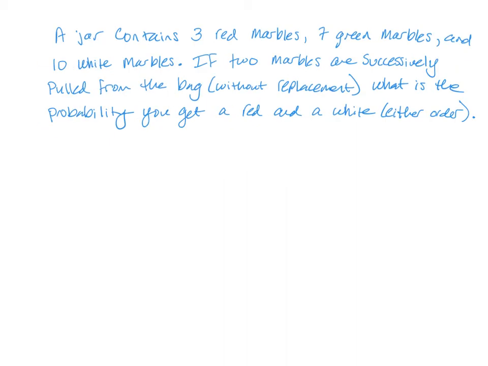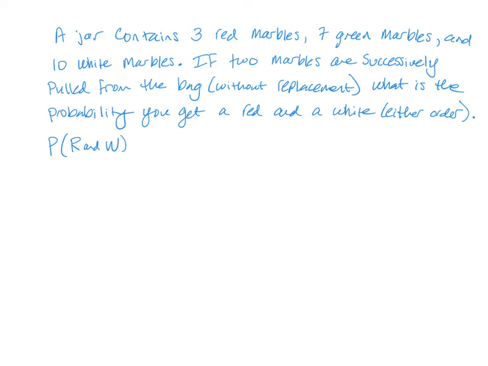Okay, here's a little bit of a trickier one. We have a jar that contains 3 red marbles, 7 green marbles, and 10 white marbles. If 2 marbles are successively pulled from the jar without replacement, what is the probability you get a red and a white in either order? You pull a red and then a white, or a white and then a red. Okay, so I want the probability of a red and a white.